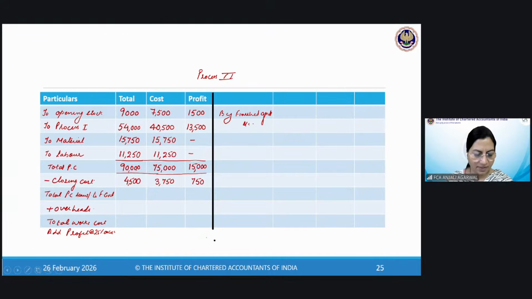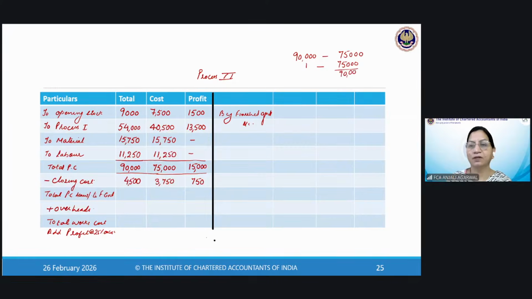Or I can establish the relation between 75 divided by 90. I'll calculate that. It's 0.833, and when I multiply it by 4,500, I get the value of cost. So this is purely the proportionate or unitary method. If 90,000 is costing me 75,000, what will be the cost of 1 rupee? It will be 75,000 divided by 90,000.